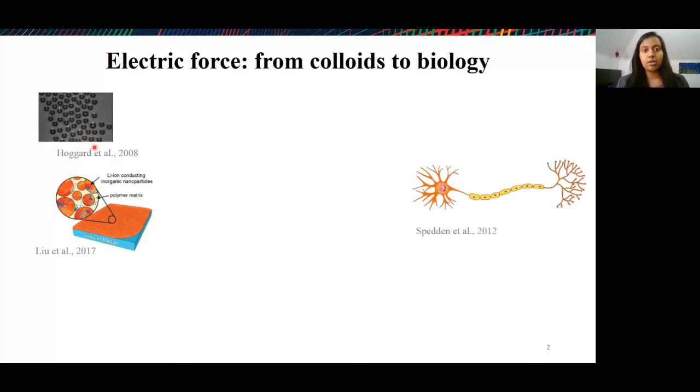On the other hand, you can also think of biological systems such as neurons, where you have charged membranes in contact with electrolytes. Here, the membrane is soft and can be deformed by these electrical forces. Additionally, the charge on these membranes is not necessarily constant, and so these systems are not necessarily in equilibrium.